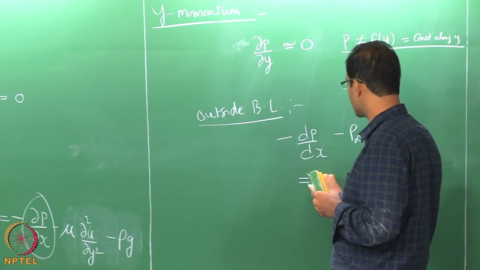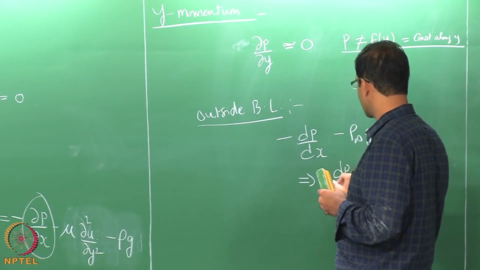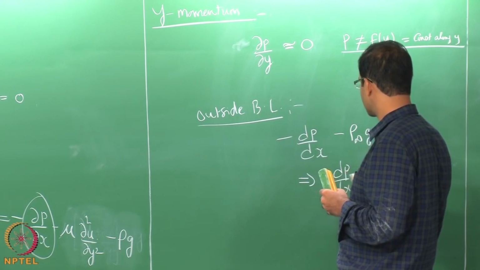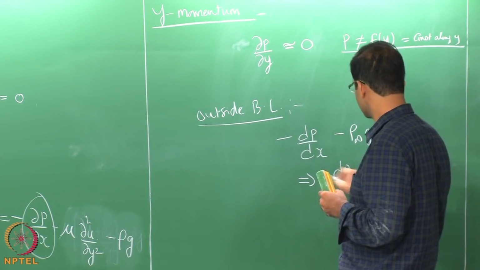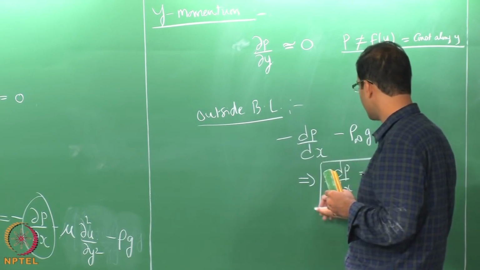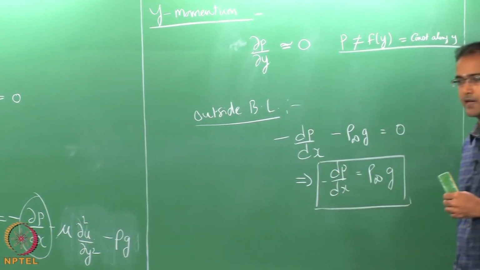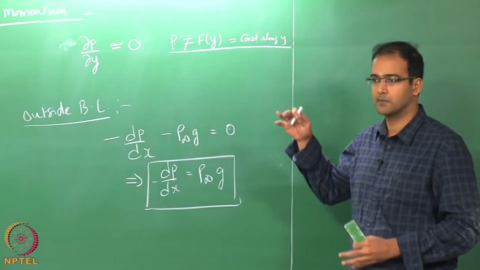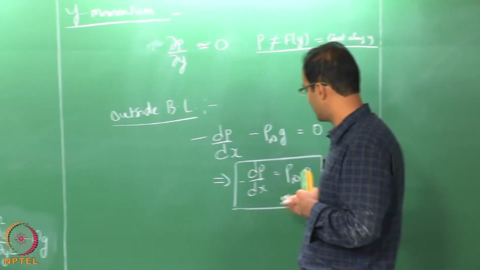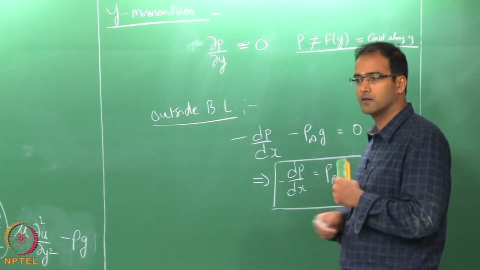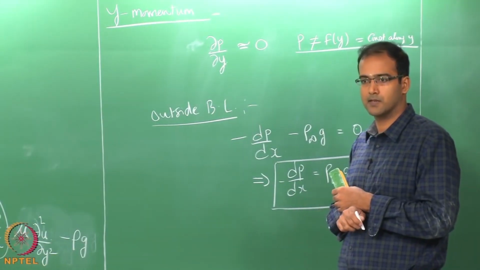So, this gives that minus dp by dx is equal to rho infinity times g. Therefore, I can find my pressure gradient along the plate by applying the equation outside the boundary layer, and I determine that this is nothing but the gravitational term outside.